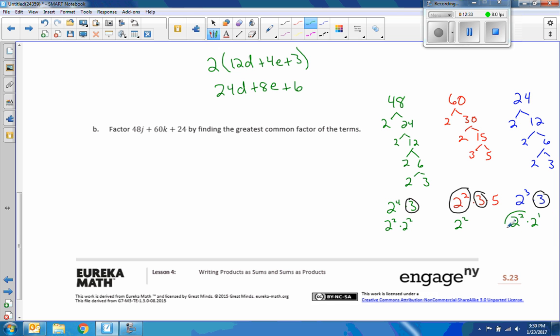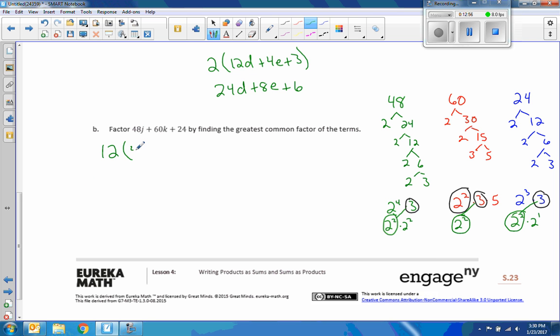So if I take the common portion of all these, it's 2 squared. So I have 2 squared, which is 4, and I have a 3. All 3 of them have 2 squared, and they all have a 3. So these are my 2 common components. 2 squared is 4 times 3 is 12, so that means I can factor out a 12.